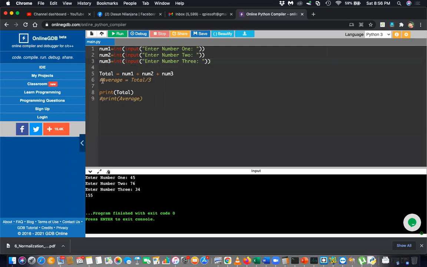Not only that, when you run the average, that will also work, and it will give you the correct answer, 51.6. 51.6 is the average. So can you tell why average has not come? Why average has not come previously? What do you think? Why average has not come?